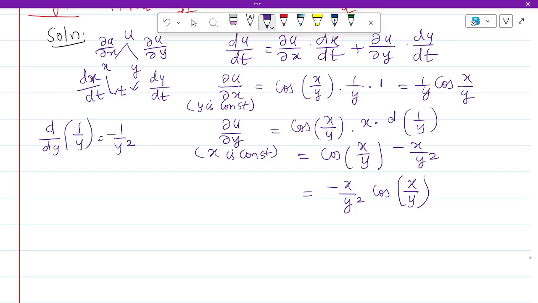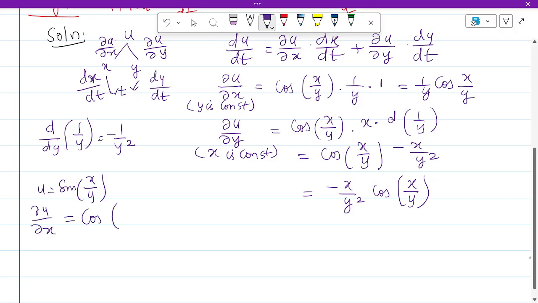See, sometimes what happens is the students are doing differentiation, find that dou u by dou x. In case the given function is u equal to sin of x by y, then they are finding that dou u by dou x is cos of, that is, they are differentiating with respect to x, they are writing like that.